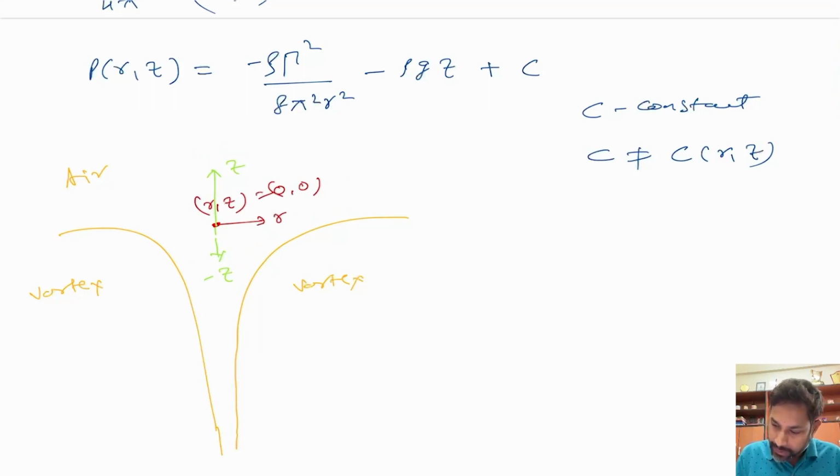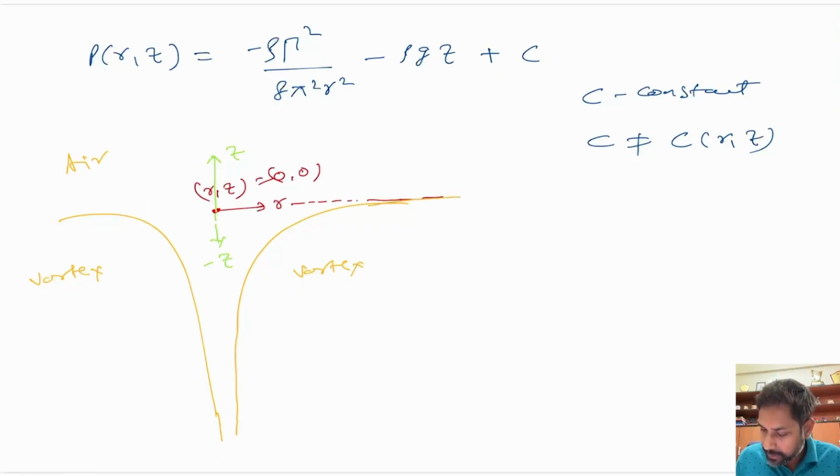Now if you take this r further outward, basically this matches with the vortex, right, and that is the interface of the vortex and the air, right?